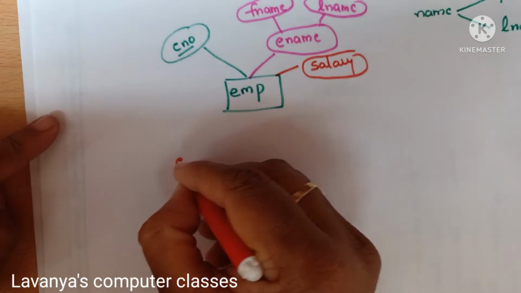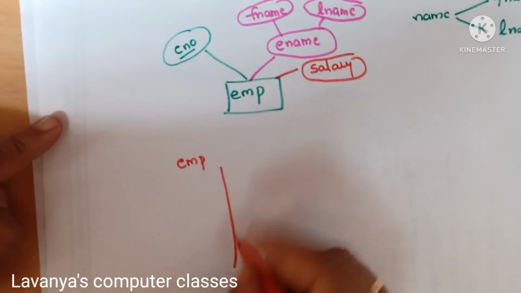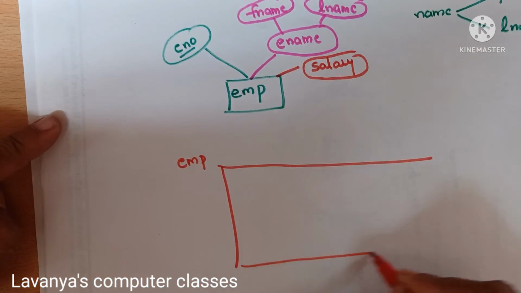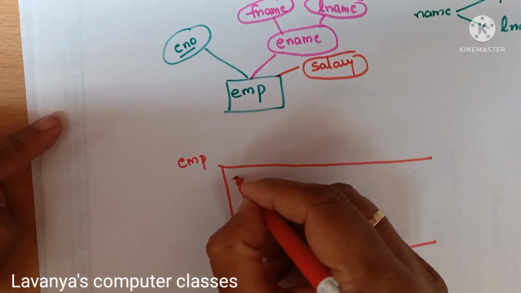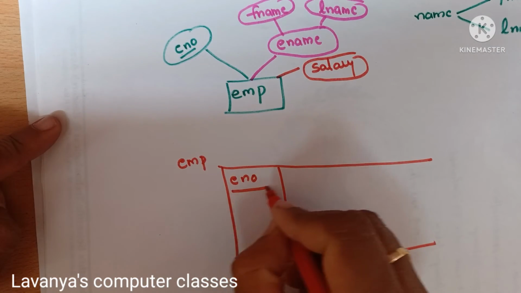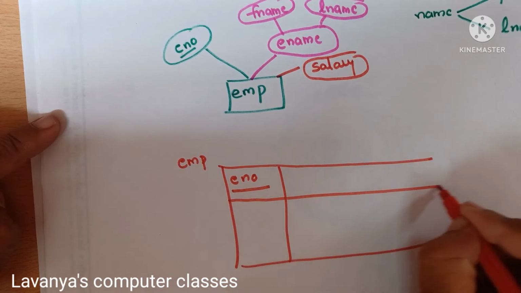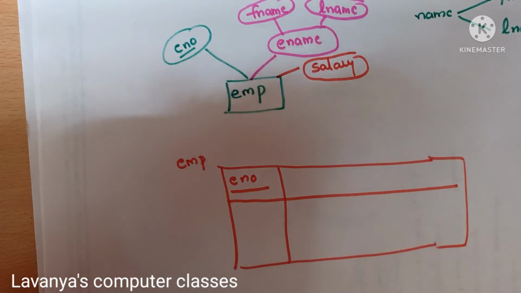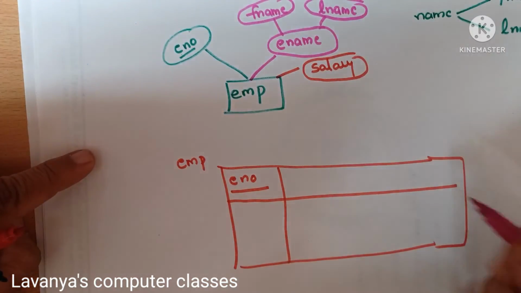Now, how to convert this ER diagram with the composite attribute into a table. First part: the name of the entity set is the name of the table, that is employee. Second one is employee number, because it's a simple attribute, and one more simple attribute, that is salary.